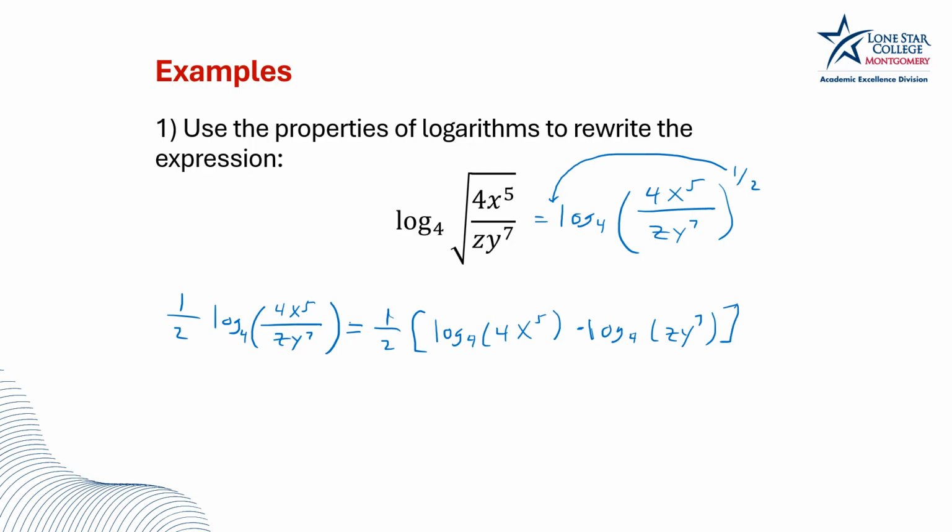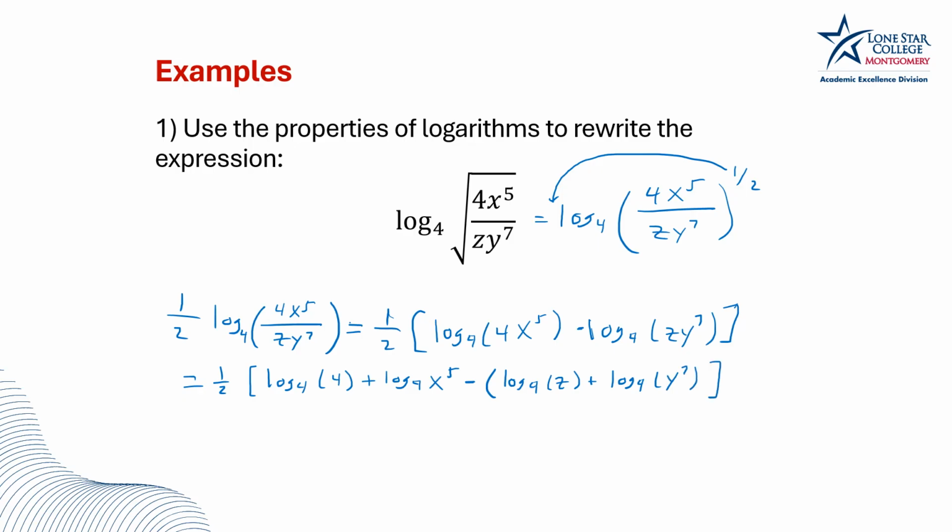We can now rewrite this as 1/2 bracket log base 4 of the first term, so that's 4, plus log base 4 of x to the 5th, minus, so let's do some parentheses because it's minus all of this, log base 4 of z plus log base 4 of y to the 7th, and close bracket.